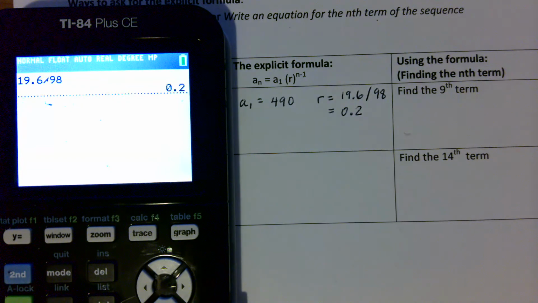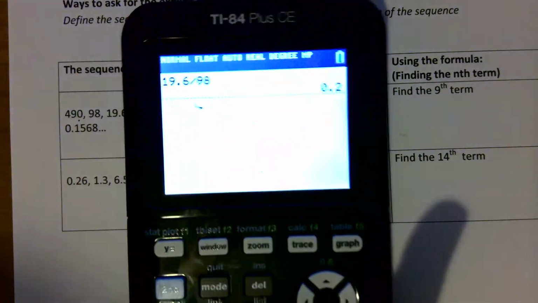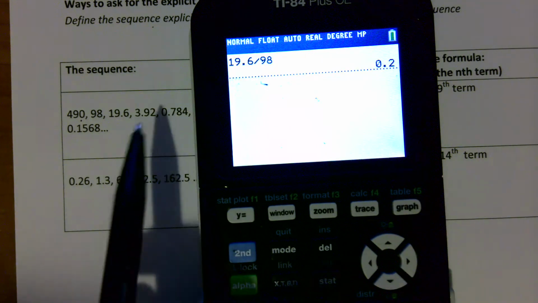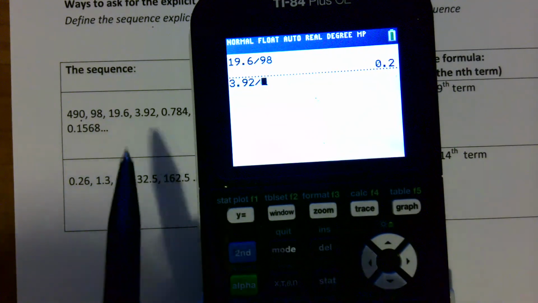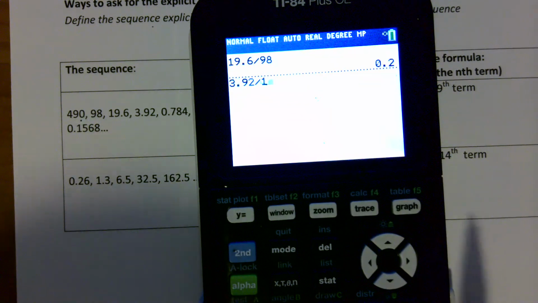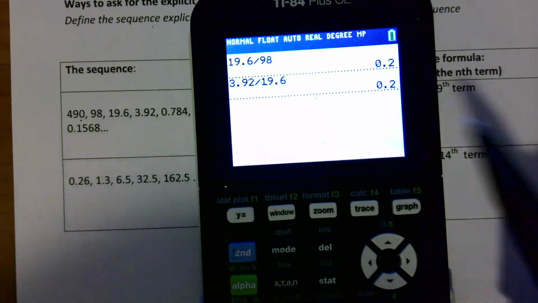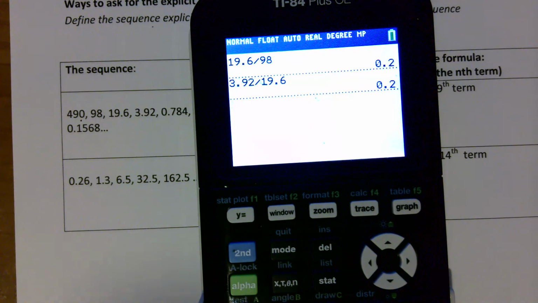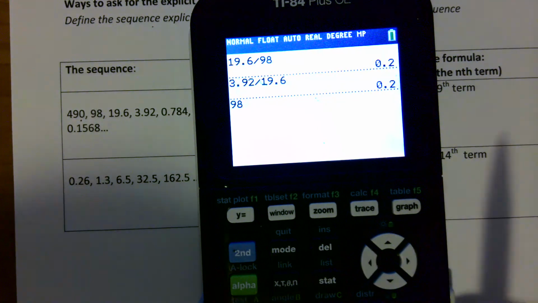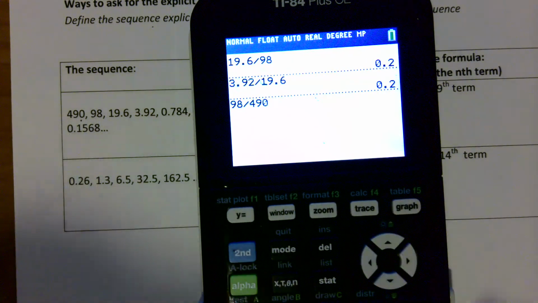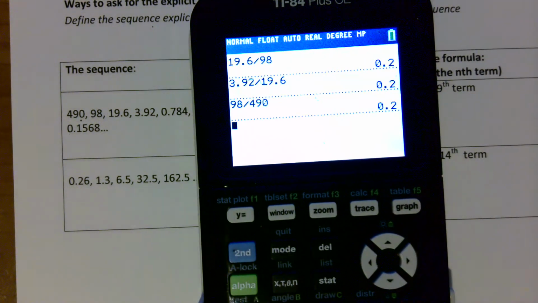Remember, before I write the explicit formula, let's try that on a few other terms. I'll take another term, say 3.92, and divide it by the previous term, 19.6, and I get 0.2. Let's do that with one more pair of terms: 98 divided by 490, the previous term, and we get 0.2.